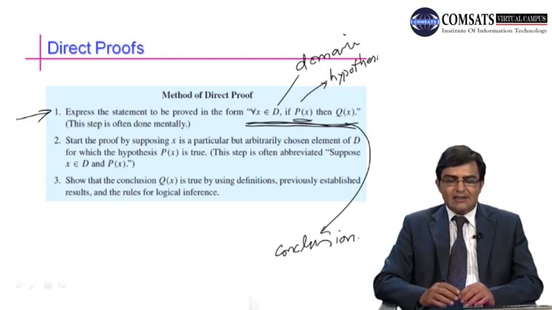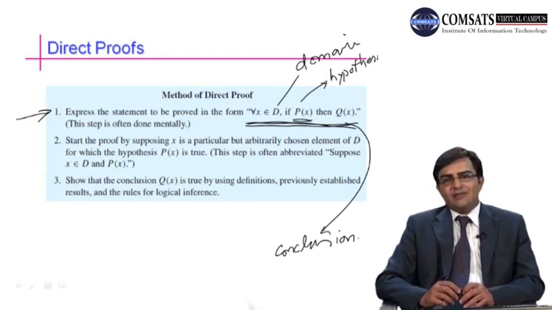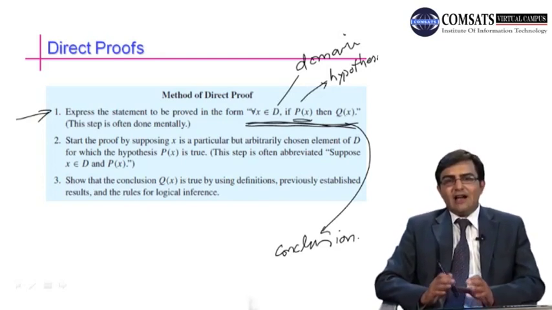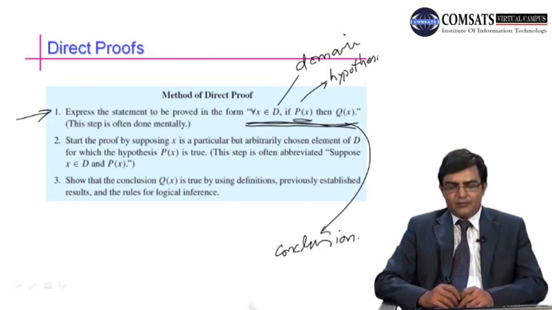So what is the general method of direct proofs? It involves three steps. The first step is that first we identify hypothesis and conclusion, and we write the given statement in the form of universal conditional statement. That is, for all x belongs to some domain, we suppose that P of x is true, and we prove the conclusion Q of x is true.